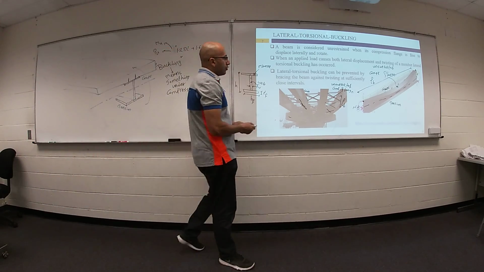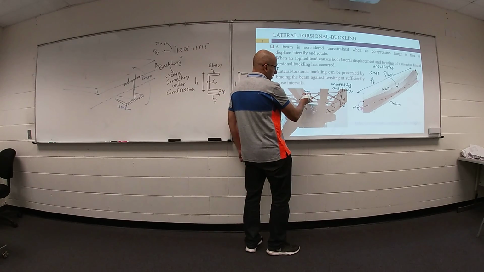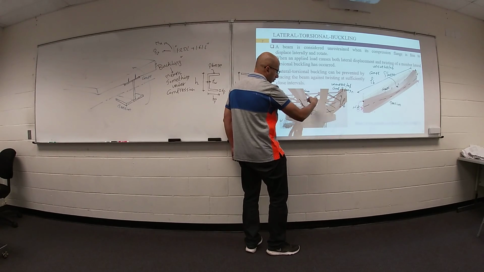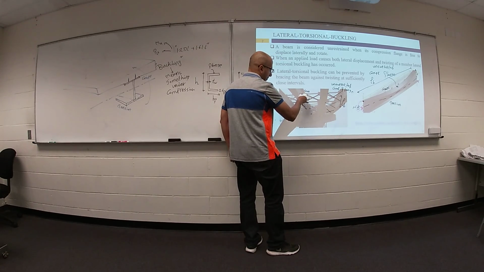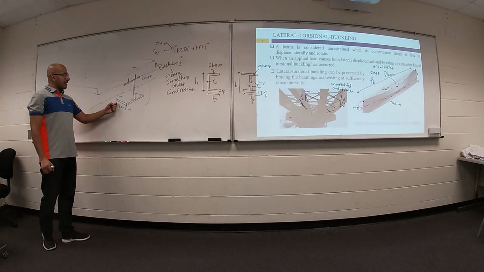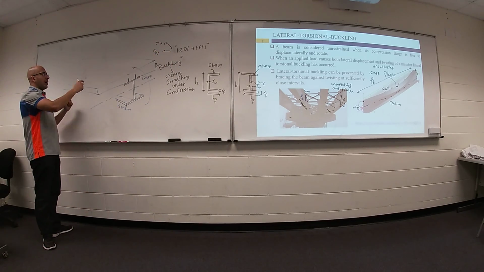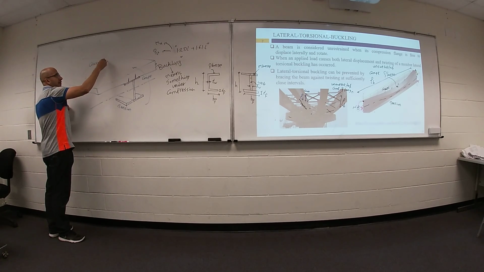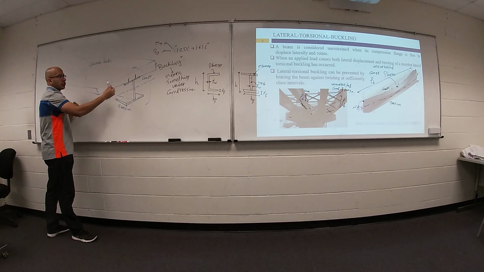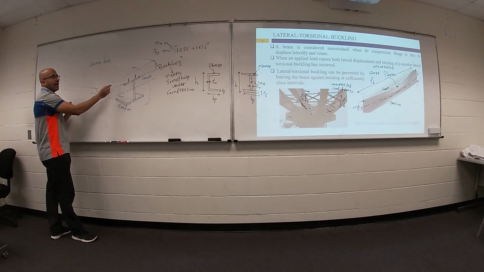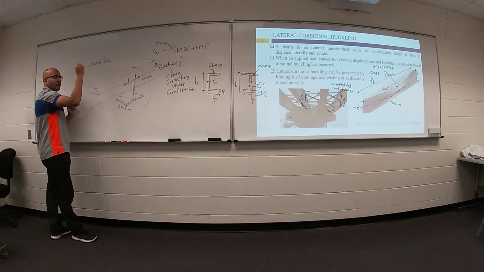Here, your unsupported length is between this point and the following point, and the following point, for each cross bracing. So here is your LB, unsupported length. But here your beam is composite with a concrete deck. So your top flange is connected to concrete at every hundred millimeters.